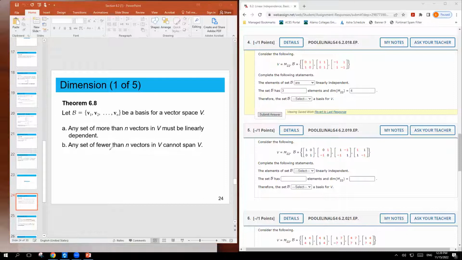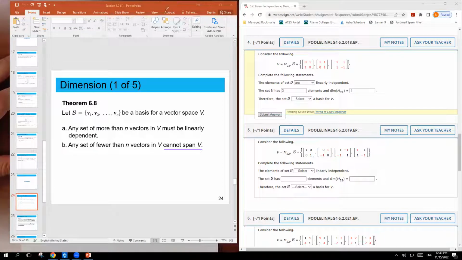Any set of fewer than n vectors in V cannot span V. So any set, you see the set B is smaller than the set V. That means, therefore, the set B cannot span V. In this case, B is not a basis for V. Because to be a basis, we have to satisfy 2 conditions.